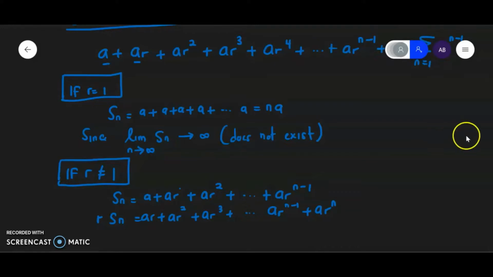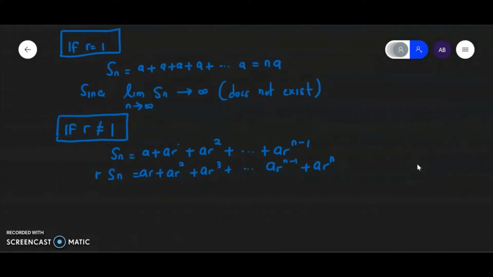Now what happens if you subtract these two terms, Sn minus r Sn? This is equation 1 and this is my equation 2. Subtracting 1 and 2, we can see that whatever terms here will be cancelled out, right?